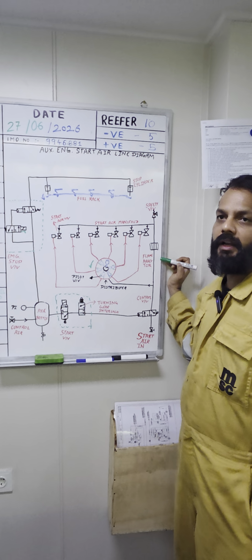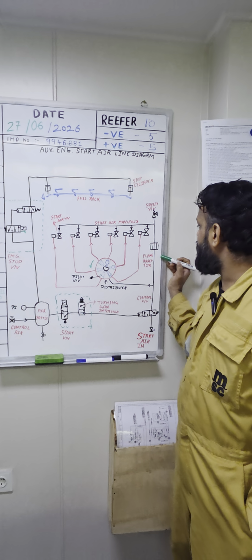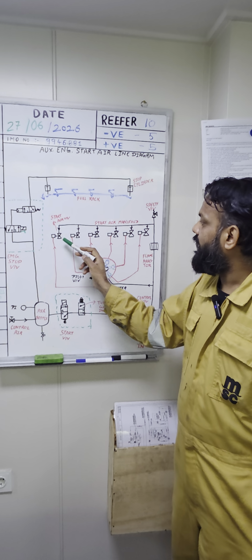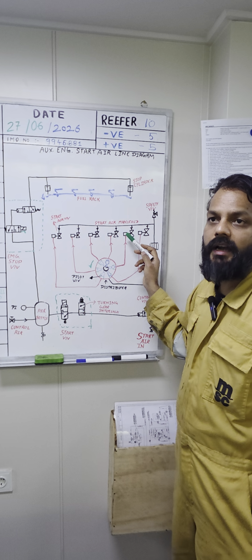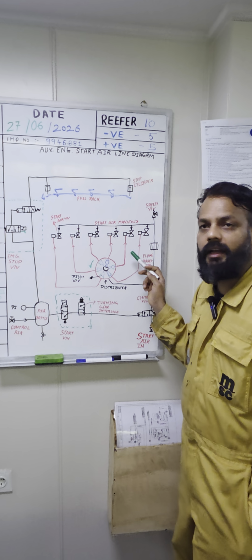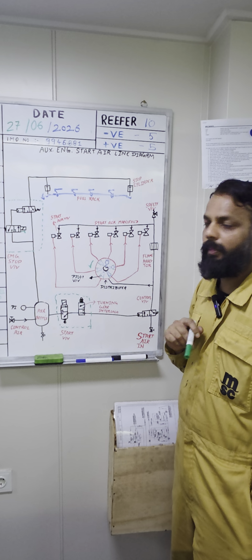Another thing is the flame arrestor. The flame arrestor I told you about. This is the start air valve, directly installed on the cylinder head, and it is directly connected to the combustion chamber.